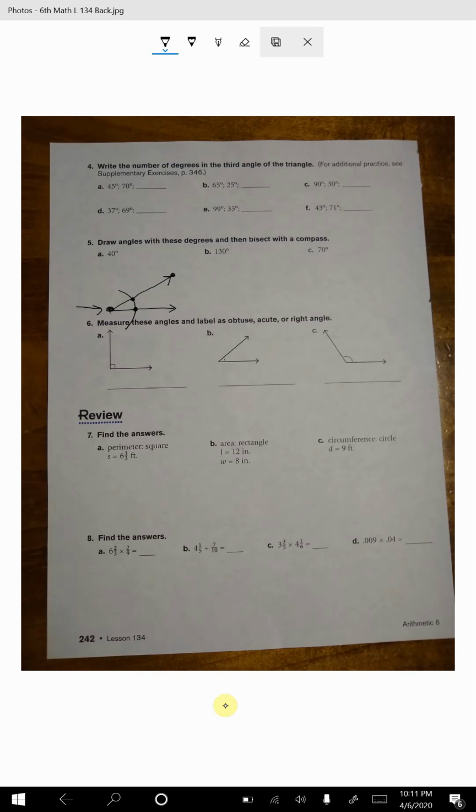Make your protractor fit right here. After you do that, put the metal part on one of the dots, like right here, and then swing it around up top to make a little arc inside. Then put your metal part on this one and swing it around. Where they intersect should be the center, and you can take a straight edge and go straight up through it.